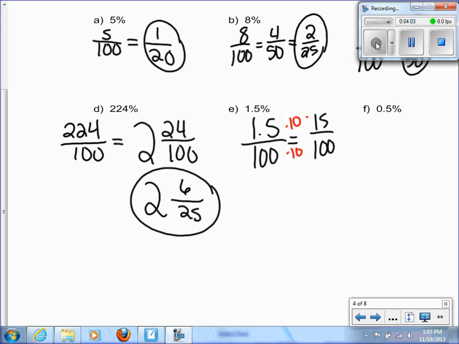Now, Emma, I'm not sure if you were going to get to this when you got to 1.5 over 100. Can anybody think of a different way we could get rid of the decimal? We could multiply it by 2. If you multiply by 2, it's going to take you to 3 over 200.